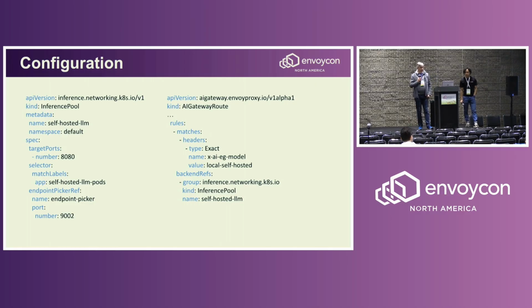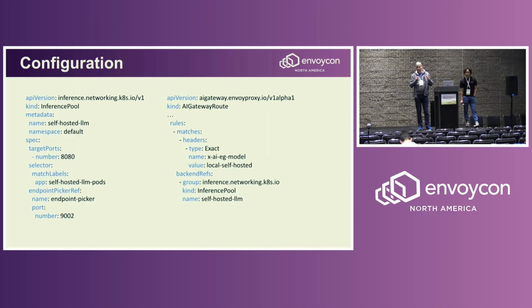The configuration is a little bit more involved, and here I actually didn't include all of that. On the left side is the definition of the inference pool, and on the AI Gateway side, you reference the inference pool in the backend refs.